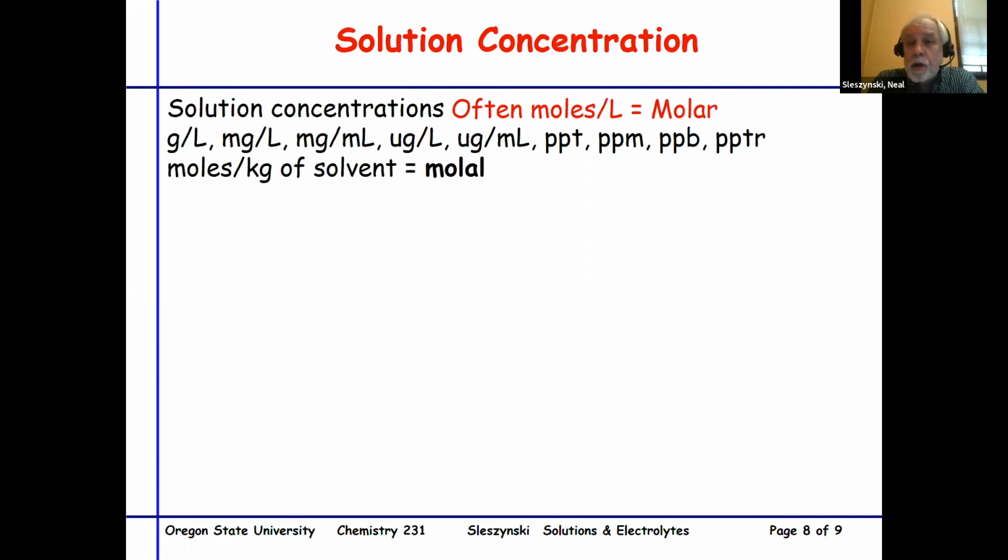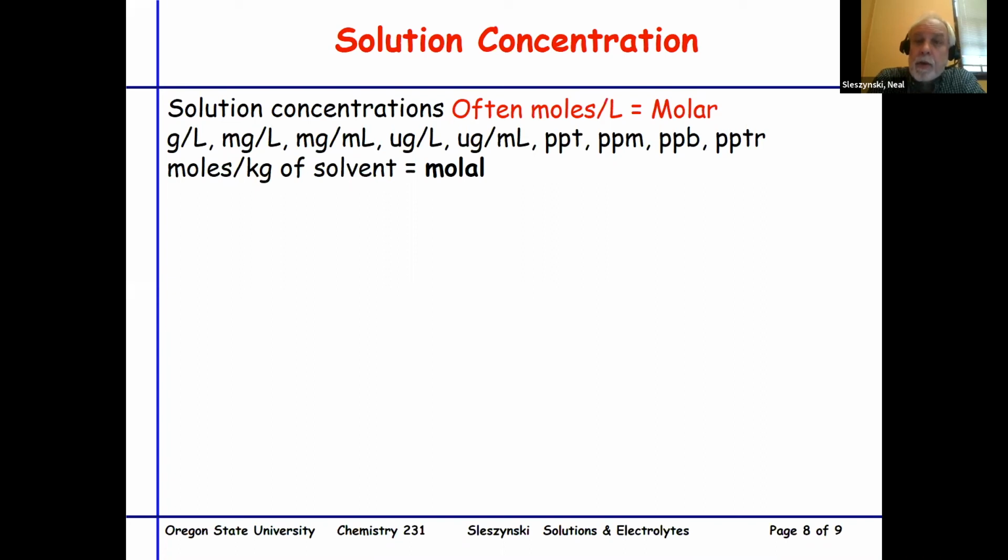And that gives us a unit called molal. Typically, we use molal in calculations where during the experiment, we are changing the temperature of the system. Well, liquid volumes expand as we heat them up. So a concentration of moles per liter would be different at different temperatures because the liter volume changes.